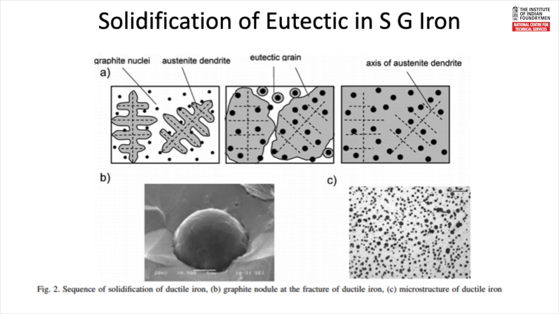As the solidification progresses and the eutectic grains grow, you'll find that the nodules get entrapped in this solidifying matrix, and this is how it looks. B shows the picture of a fracture of ductile iron with a nodule nicely sitting there. And this is the microstructure of ductile iron as we see at lower magnifications. Well, this is from an electron microscope.